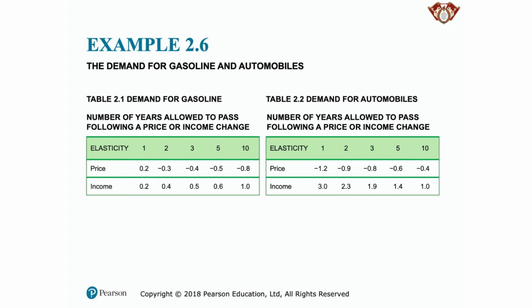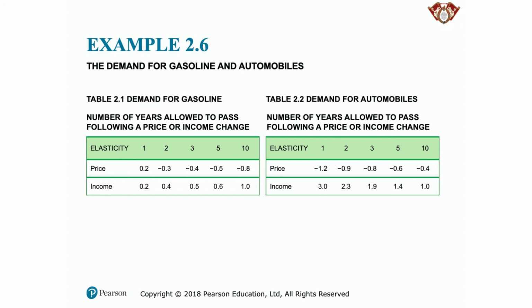So price elasticity of demand increases as time passes. In other words, long-run elasticity is larger than short-run elasticity in absolute terms. That is the usual non-durable goods case, right? Income elasticity is the same. Long-run elasticity is larger than short-run elasticity. So after time passes, income elasticity also increases, like price elasticity of demand. That is the usual case, the demand for gasoline case.